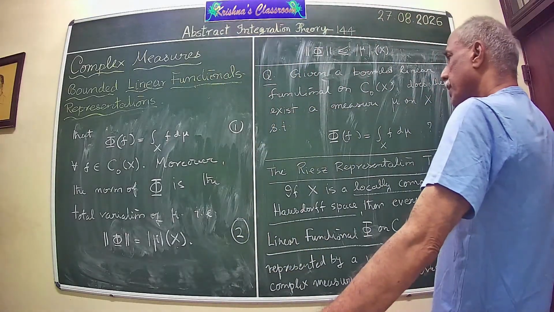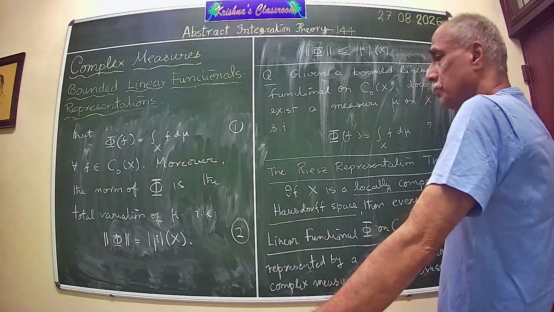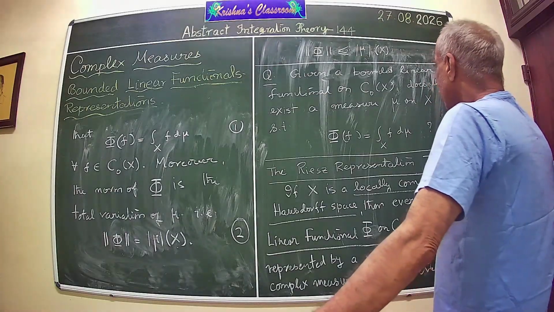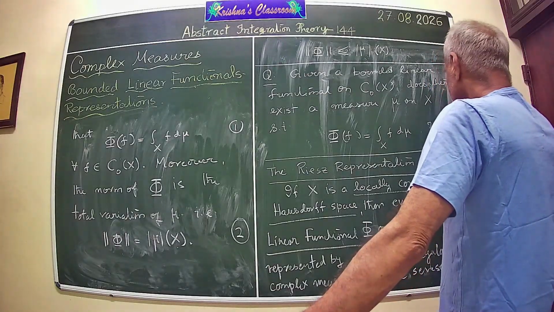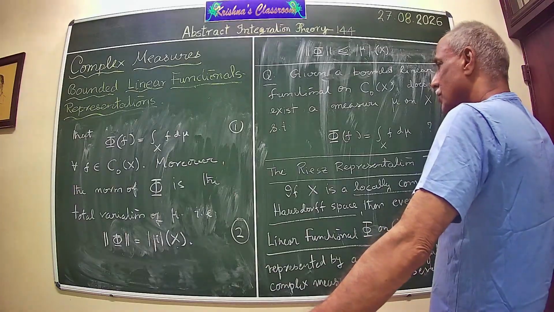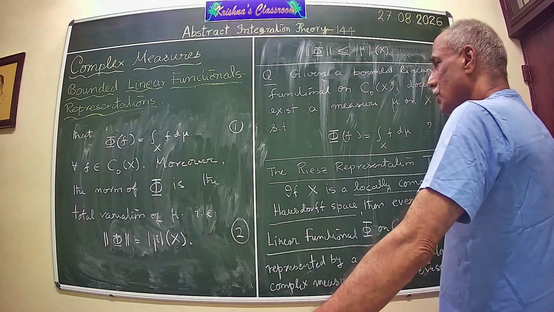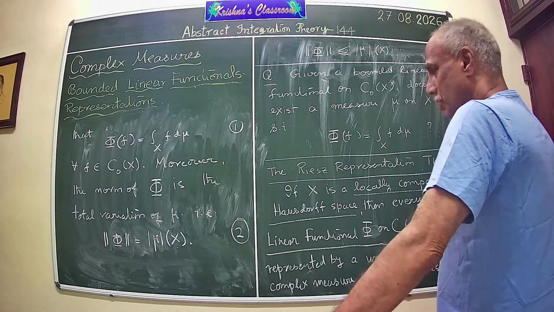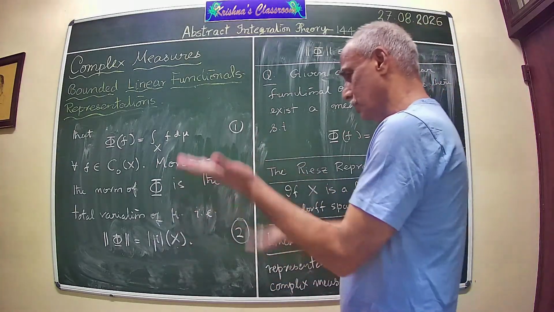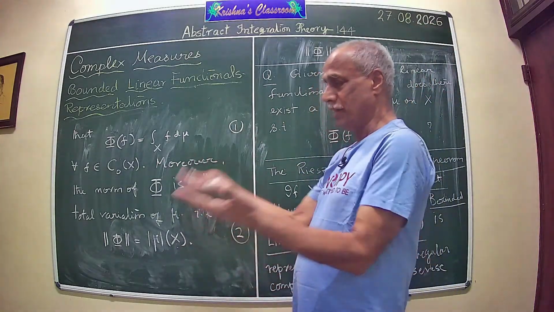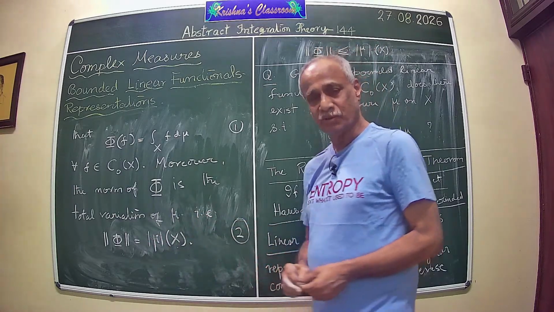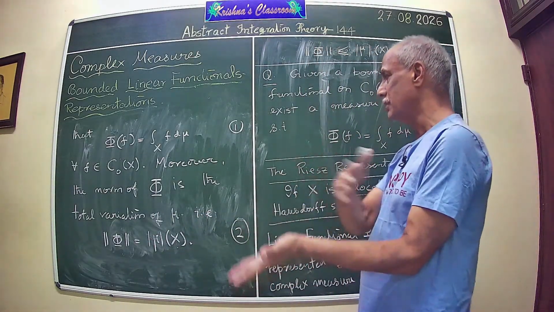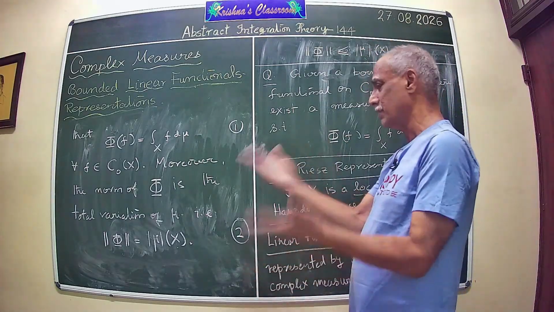So given a bounded linear functional, there exists a regular complex measure, and given a regular complex measure, it determines a bounded linear functional. So this is the relationship between the bounded linear functional and the regular measure that you define, what you call an identification.